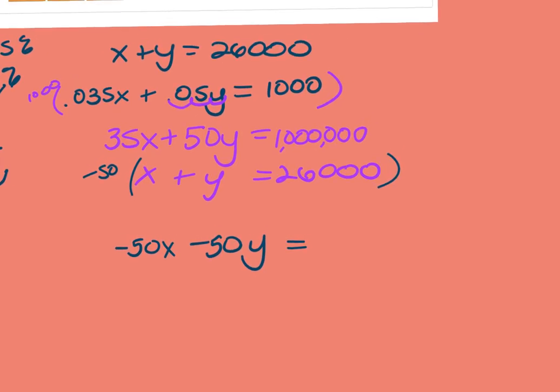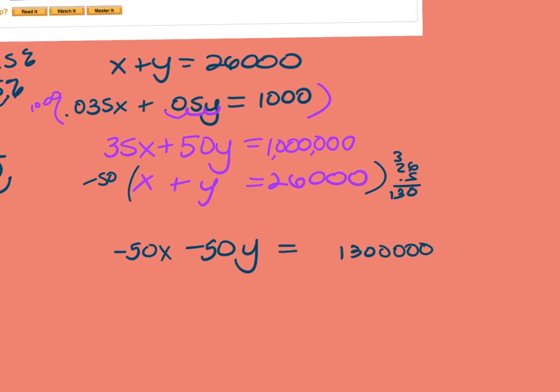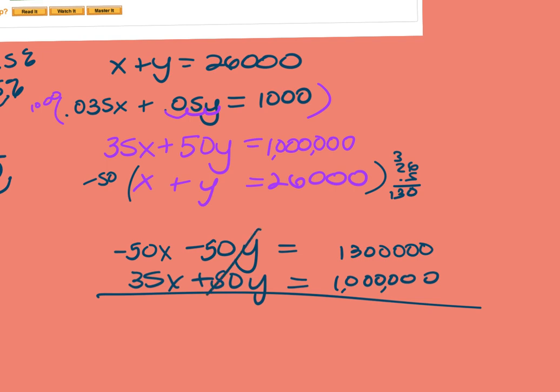So I've got 1, 2, 3, 4 zeros, and then 26 times 5, 130. Would you be able to use a normal, non-graphing calculator? Still up for debate. Okay, and then this would be with 35x plus 50y equals 1,000,000. So the y's are going to cancel.